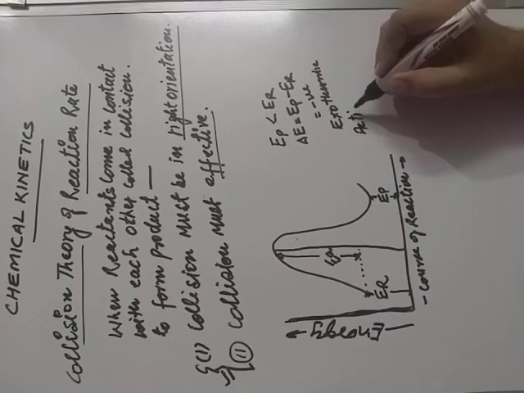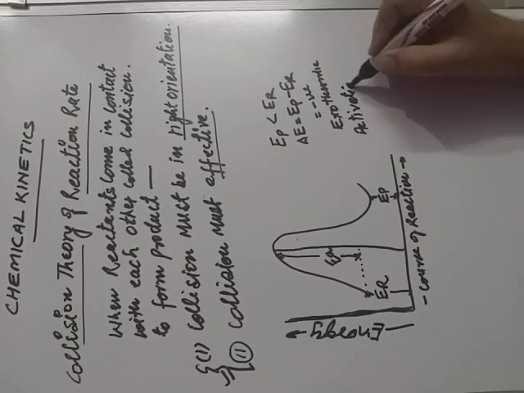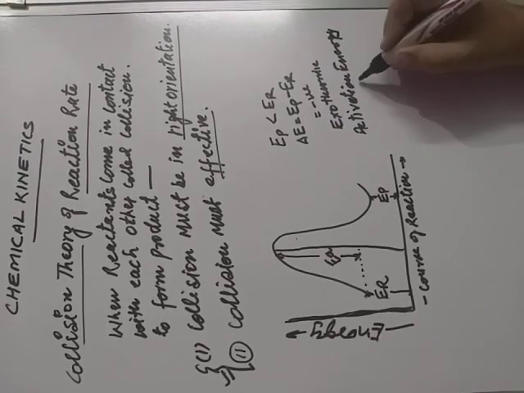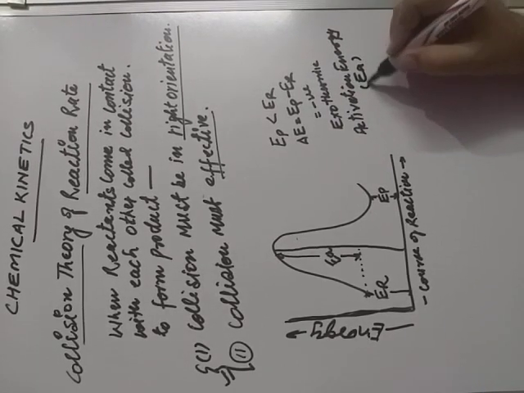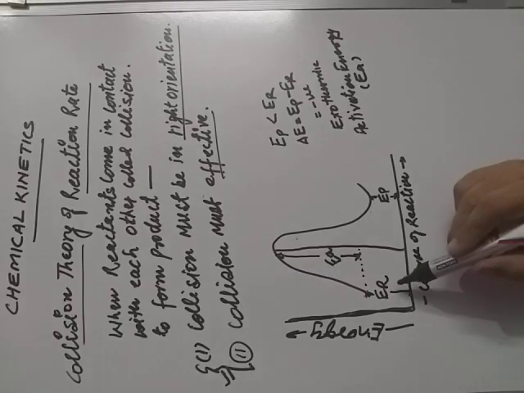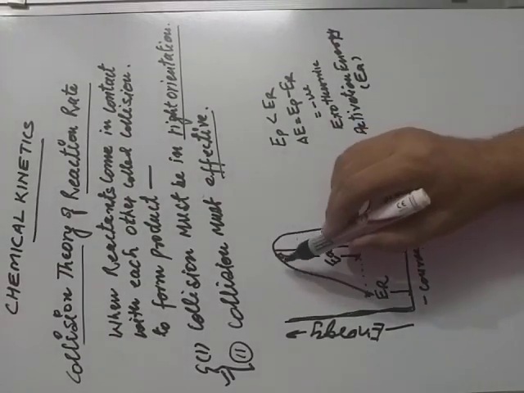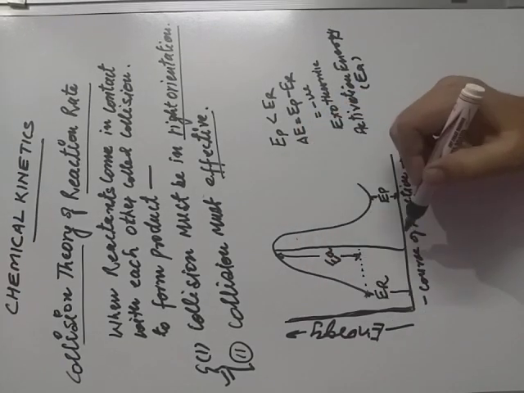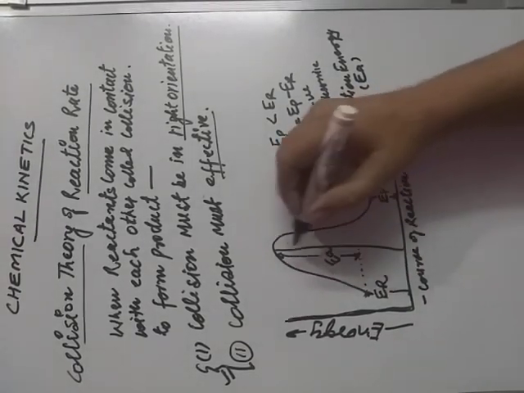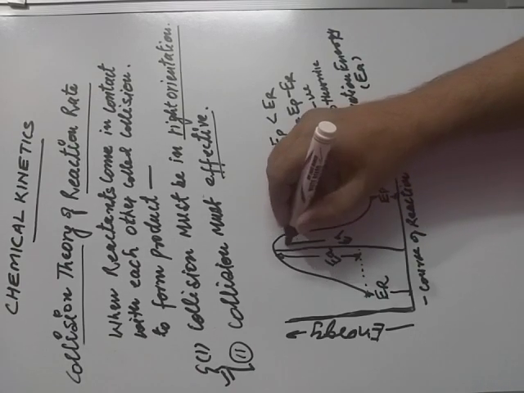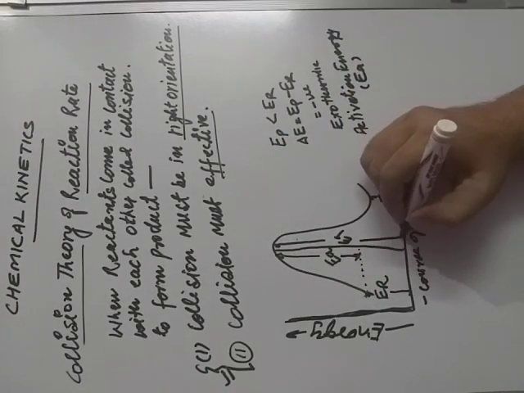So when the reactant gets activation energy, it can cross the energy barrier. This is the energy barrier, and this much energy of the energy barrier is called ET. ET is called threshold energy.